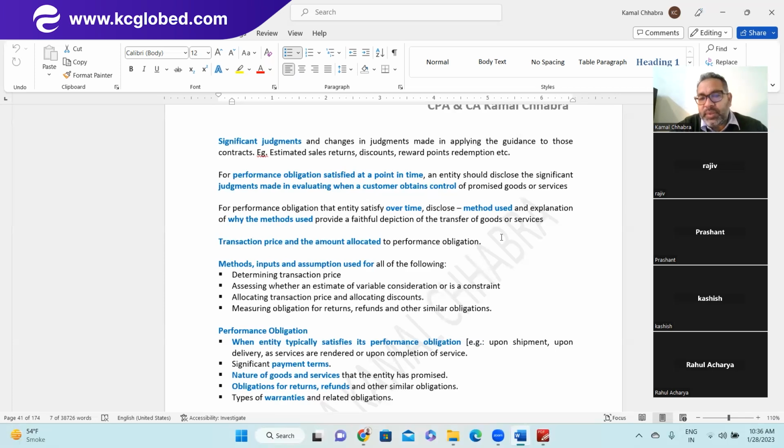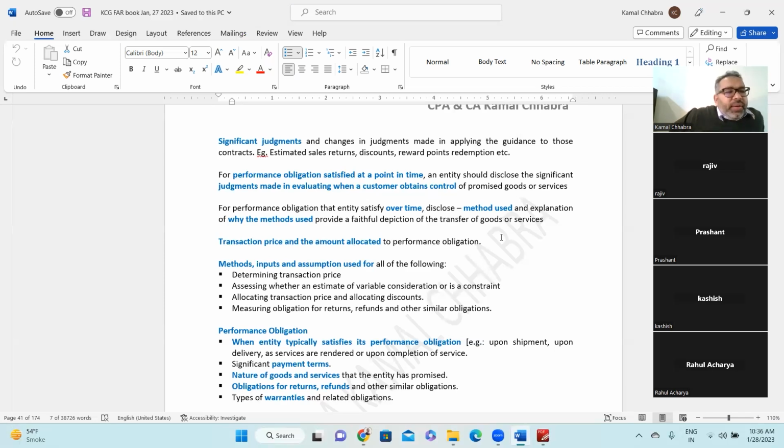Or maybe if you are estimating any sales return. In the US, especially for FMCG products, or clothes and accessories, there is a good return policy, like people can come back. For clothes and accessories, they have a 30-day return policy. So even though you have worn it and you didn't like it, you can go back and get your refund.